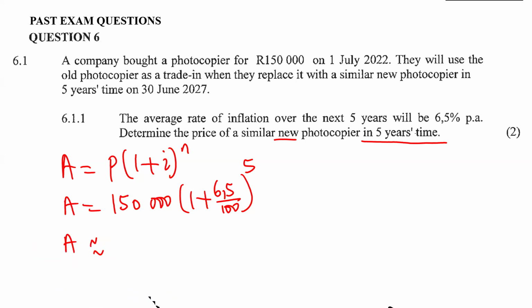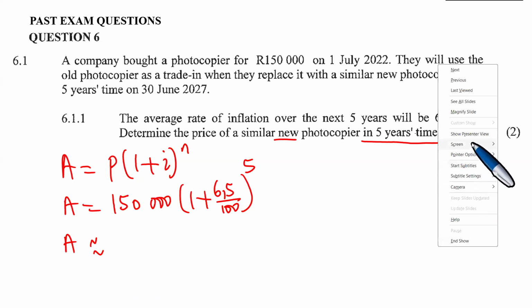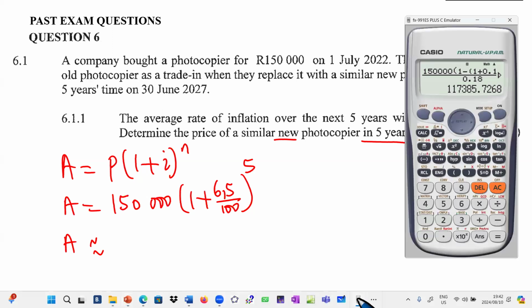Let's use a calculator to check the answer. 150,000 times 1 plus 6.5% to the 5th power.